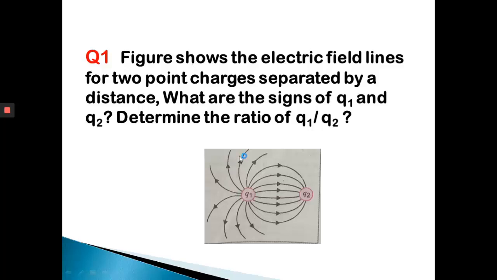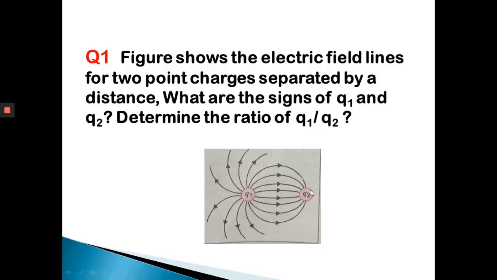So Q1 is here, Q2 is here. What are the signs of Q1 and Q2? We know from a positive charge, electric field lines move out, and Q2 is towards the negative charge. For negative charges, electric field lines will be ending.